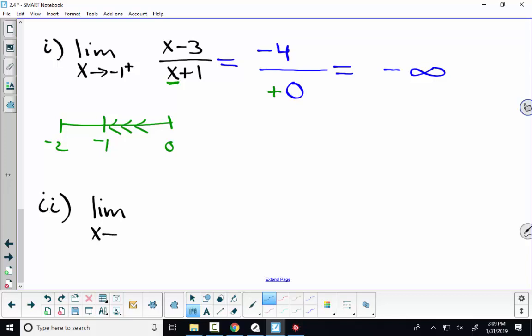So then from the other side, -1 from the left, x minus 3 over x plus 1. The numerator is still approaching -4. This time, what's the denominator approaching? 0 through negative values, yeah.